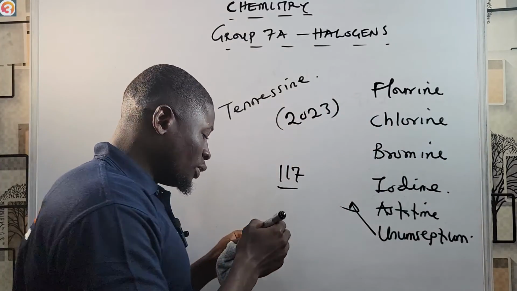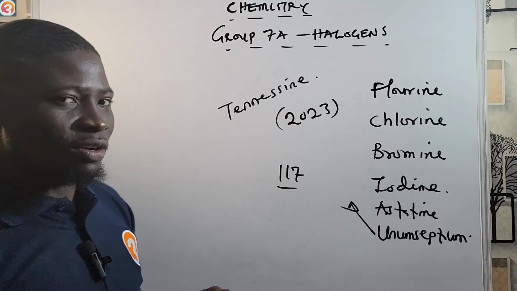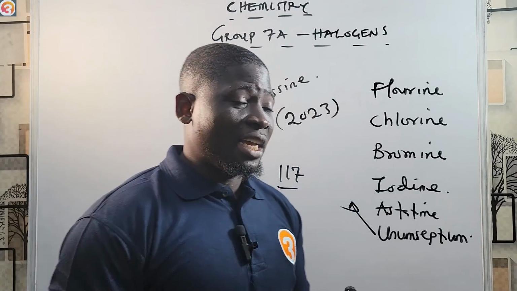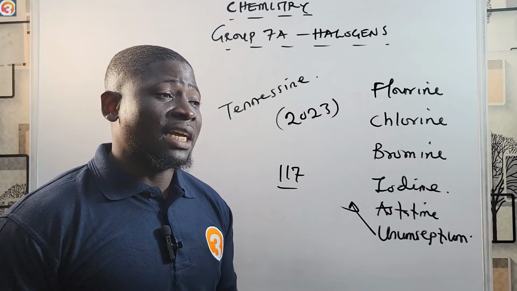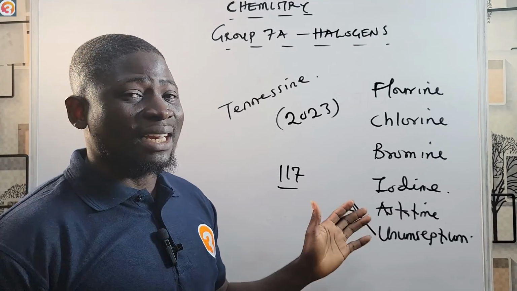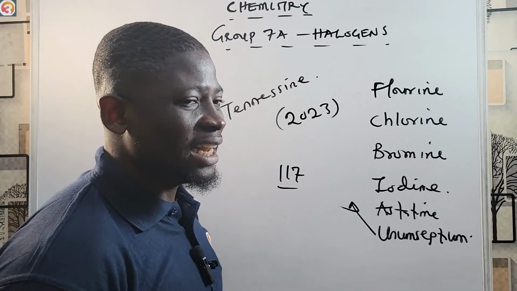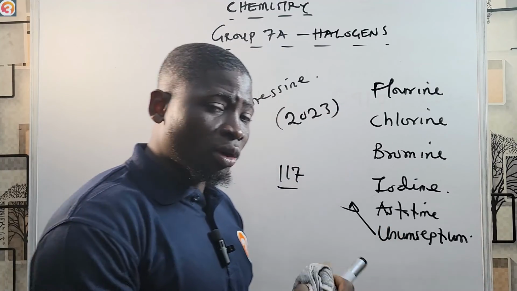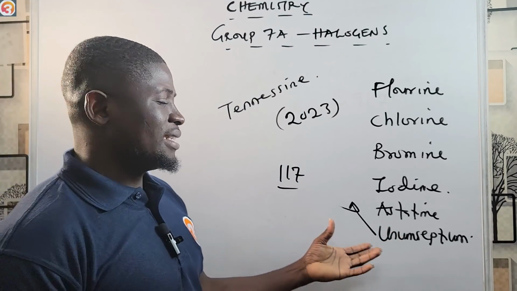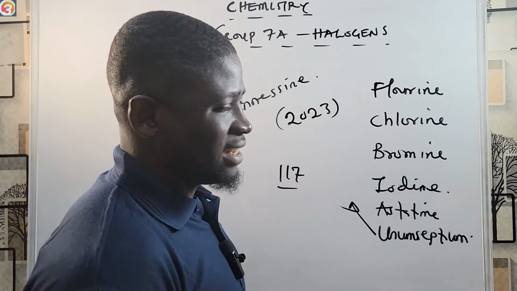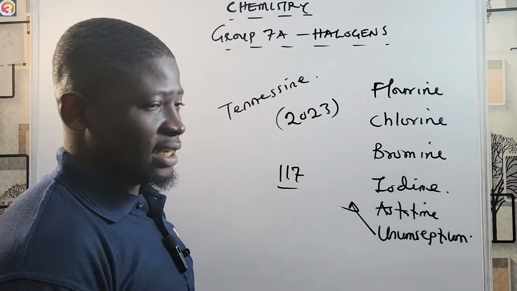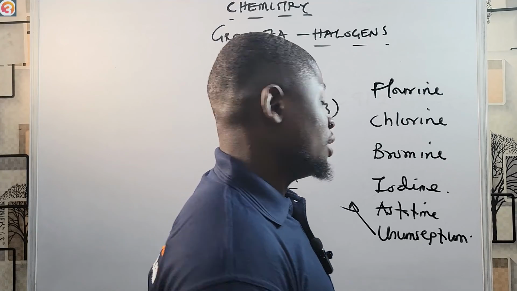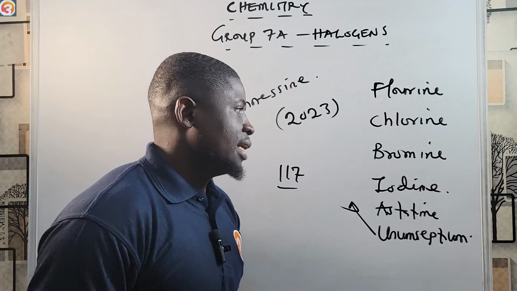It is one of the latest elements to be discovered, and it is very expensive to produce. Right now, it has only been produced in the laboratory. It was called ununseptium to follow a particular system of naming, but it has been renamed tennessine. Of course, it has atomic number 117, one of the heaviest elements known.